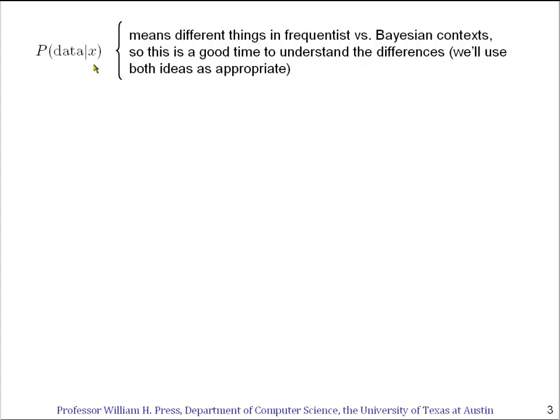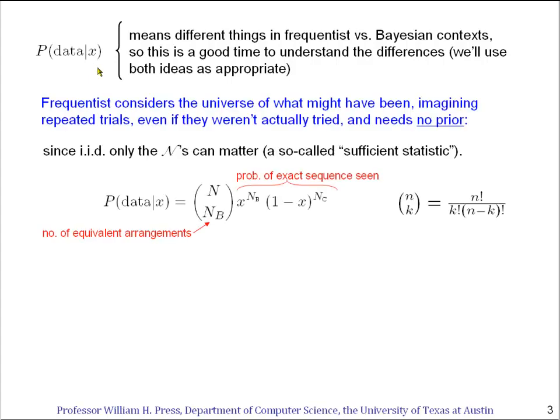We'll actually make use of both concepts in different contexts. A frequentist considers not just the trial that we've seen, but the universe of possible trials and how frequently the exact result that we've seen or an equivalent result would occur in that universe.